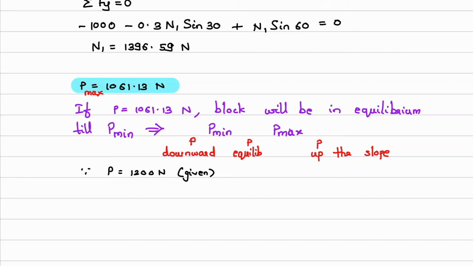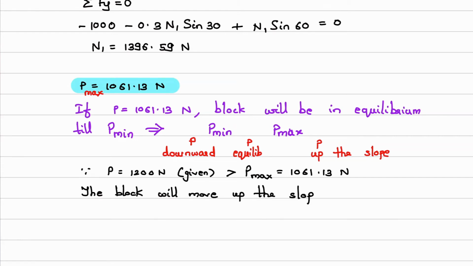It is greater than P max, which is equal to 1061.13 Newton. The block will move up the slope.